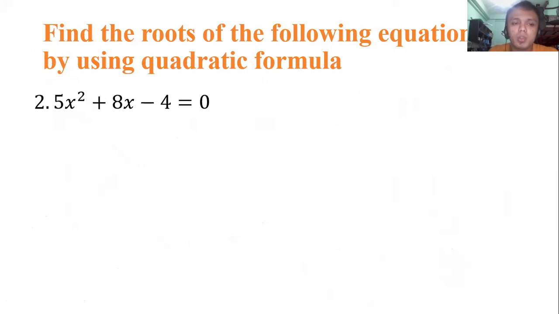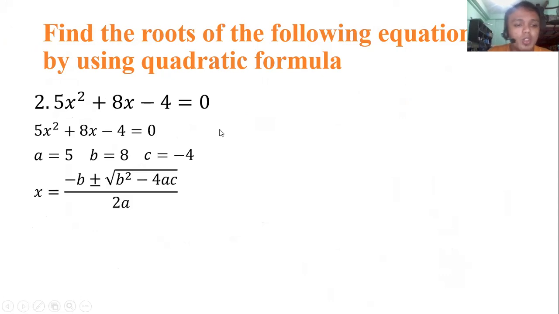Next, 5x squared plus 8x minus 4 equal to 0. Again, we are already in standard form. So get the values of A, B, and C. Your A here is 5, your B is 8, your C is negative 4. And then, substitute it to this formula.